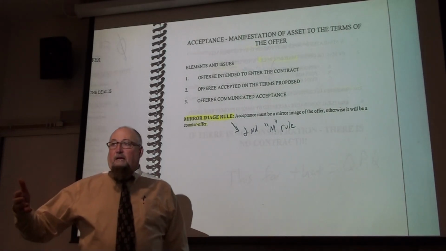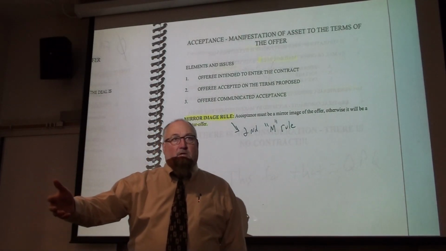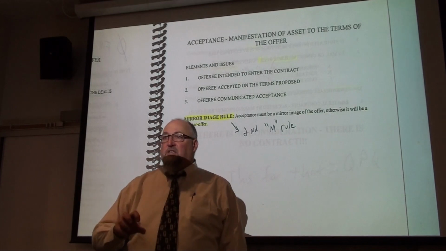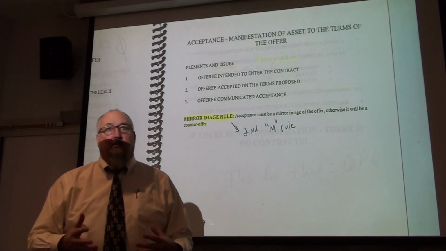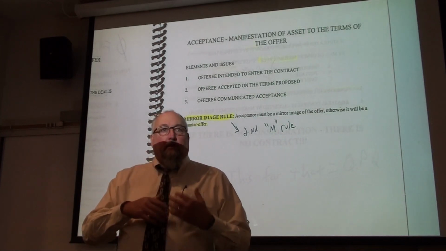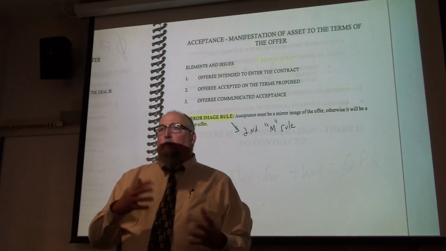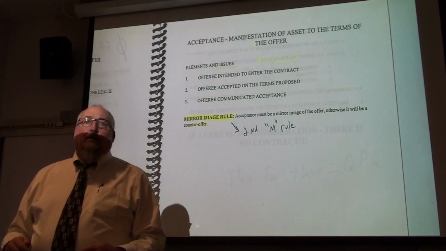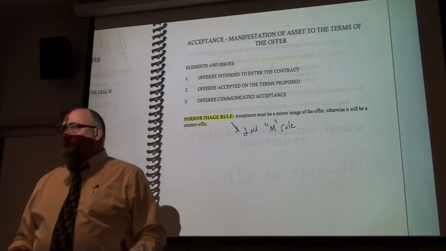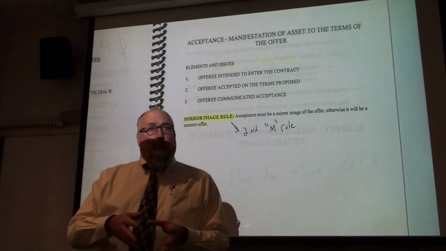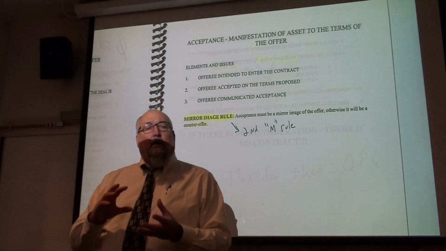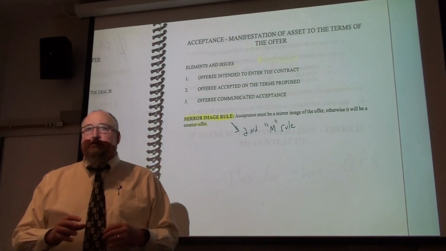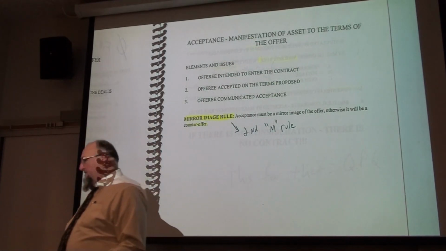It must be your intent when you do the communication that you want to accept as opposed to some other intent. Like for example, if you email me back saying, I'm really interested in your Corvette, will you take payments? You're not accepting at that point. You're asking about terms and conditions that might apply. So it has to be a very clear acceptance.